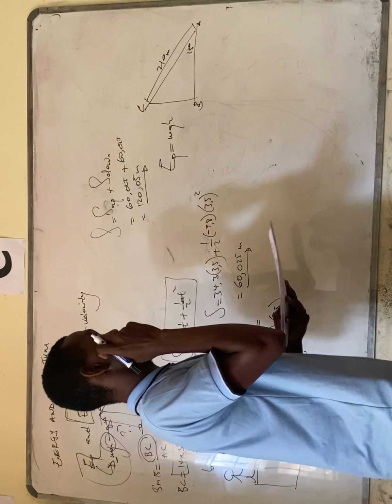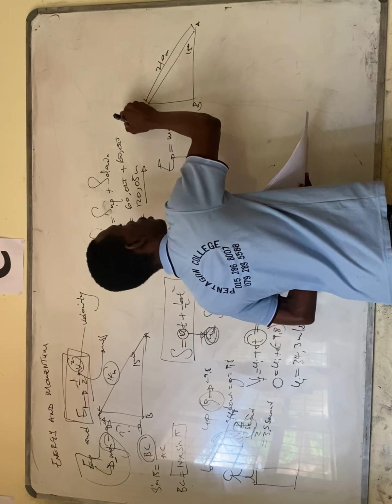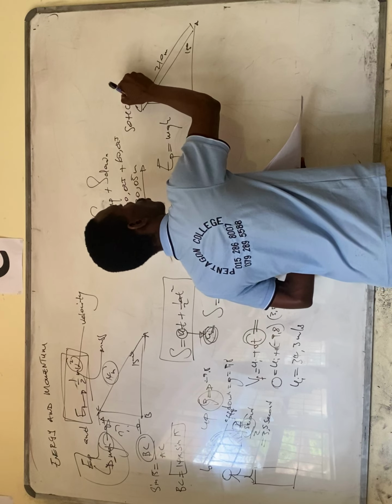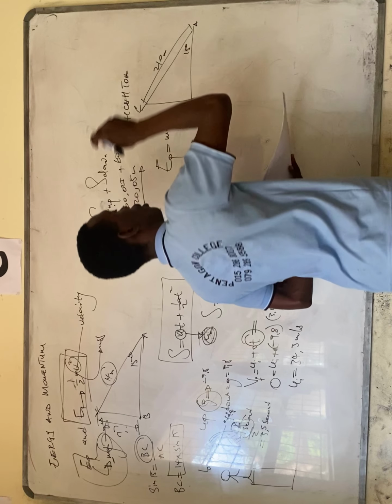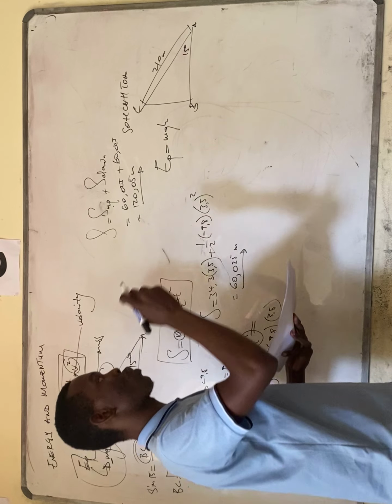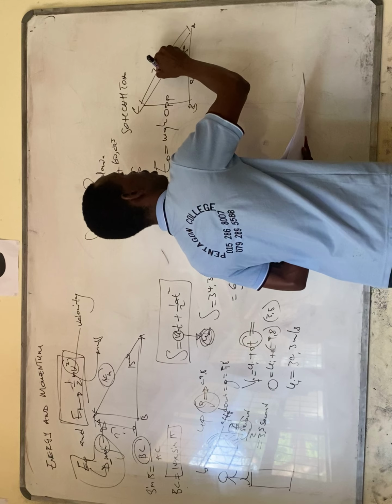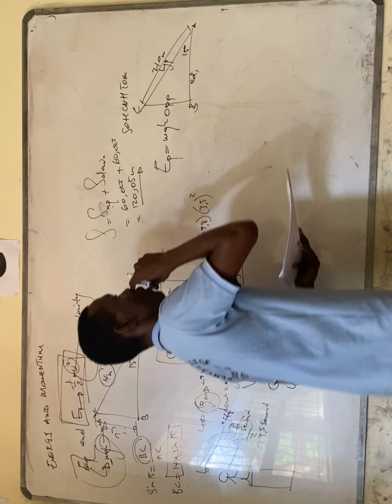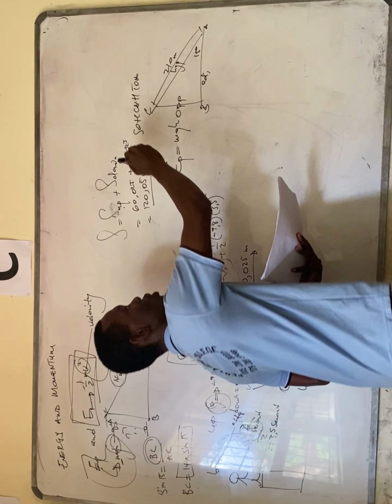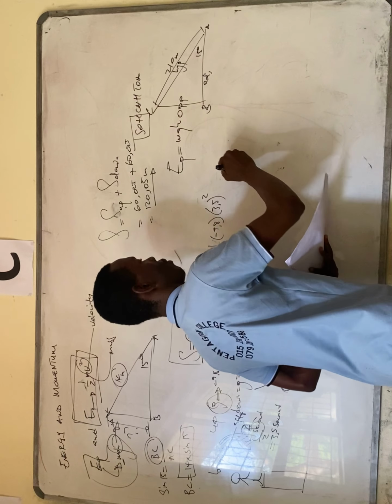So we must find the height by using SOHCAHTOA, the law of SOHCAHTOA. This side is opposite, this one is adjacent, this one is hypotenuse. So for this one, we can use the sine.